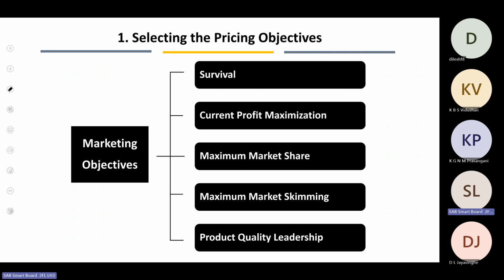If our purpose is to go for profit maximization, then we might have to make some changes to our price, like price increments, or we might try to reduce our cost. Then market share maximization: what should we do to increase the market share?